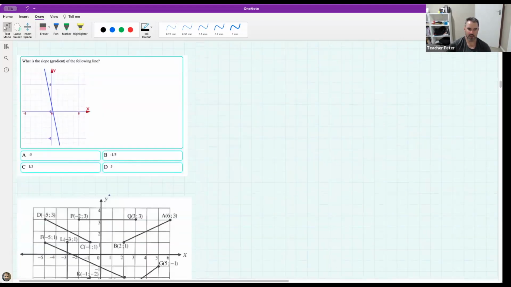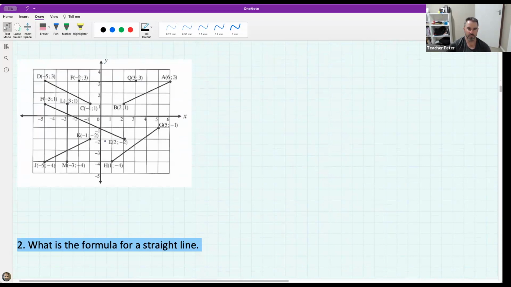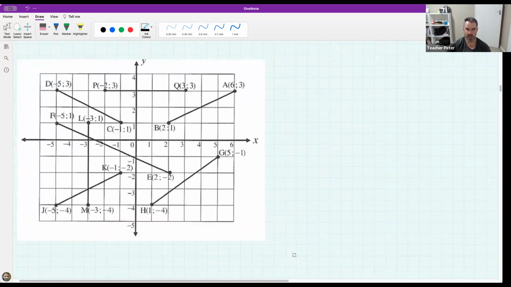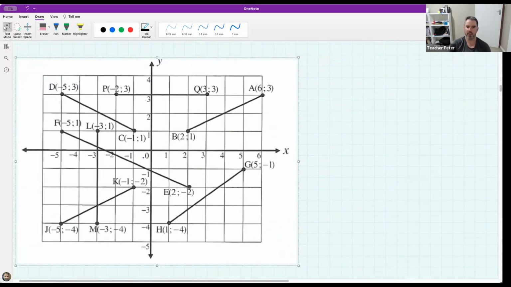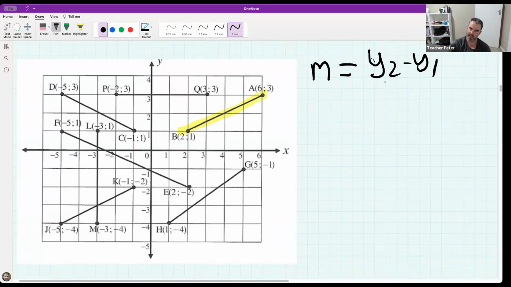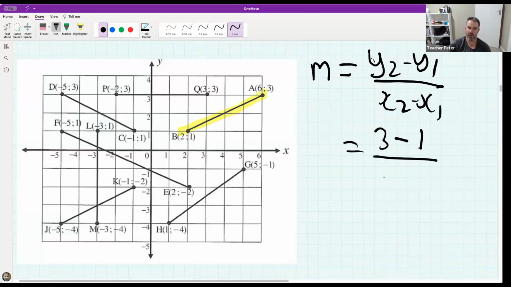Let's have a look at this over here. Now, I will show you how we can use the formula for AB. So we've got this straight line AB, and if I want to find the gradient, all I need to do is use this formula algebraically. I could count the blocks. Some of you might count the blocks, but for now I'm going to use algebra, and I'm just going to go 3 minus 1 over 6 minus 2.